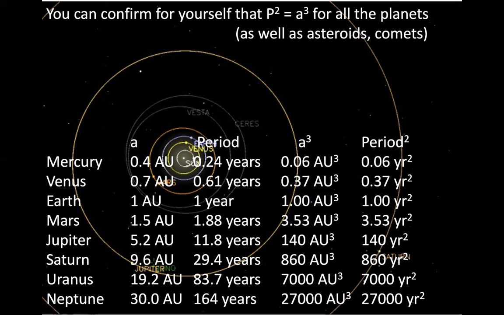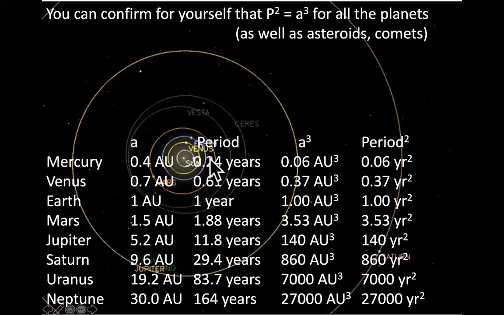Now, a thing about this rule is that it means it takes longer for planets to go around if they're further from the sun, which probably should make some sense. However, this also has implications for how fast these objects are traveling. The thing is, the semi-major axis tells us the length of the path it's taking.